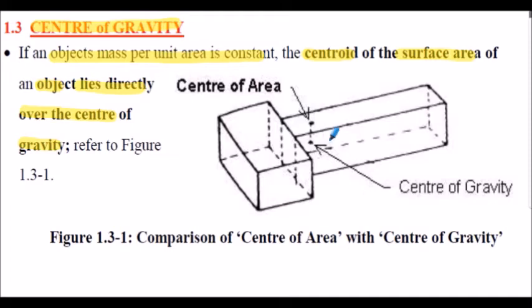So here is the centre of gravity within the three-dimensional object, and above it on the surface is the centre of area. So we can see from this illustration that the centre of gravity and the centre of area can be related. But the centre of area relates to a two-dimensional shape and the centre of gravity relates to a three-dimensional object.